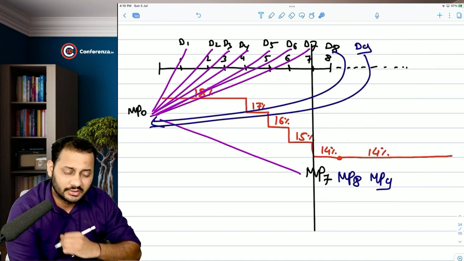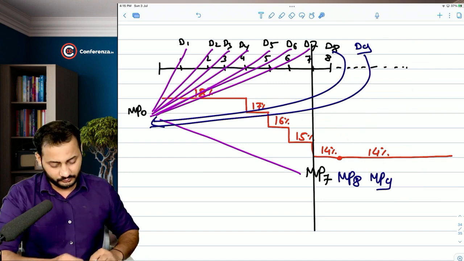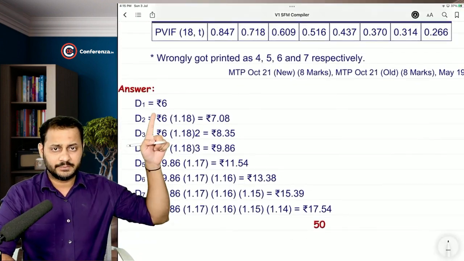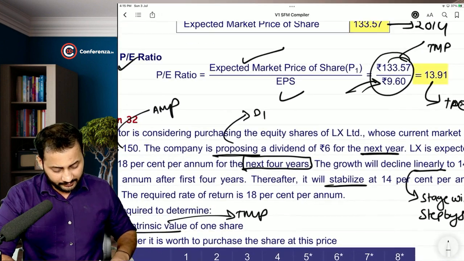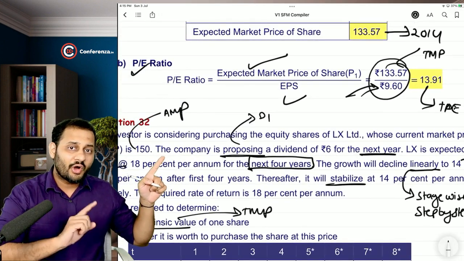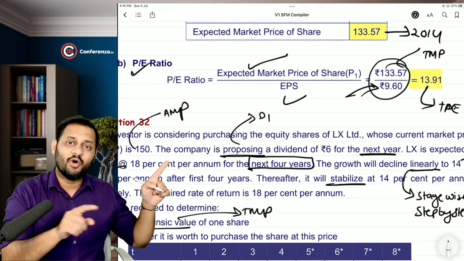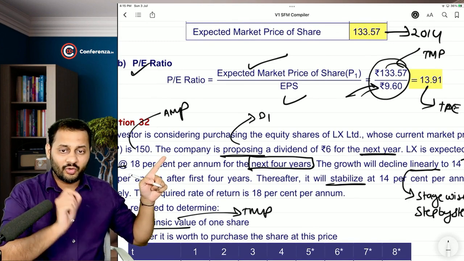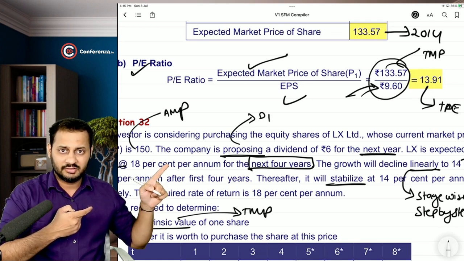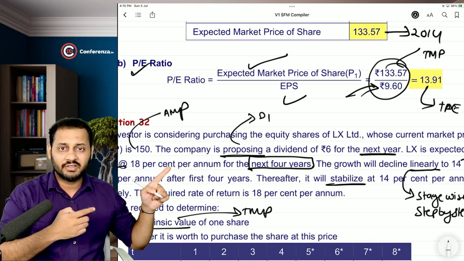Okay, let's calculate. 6 rupees. We started with 6 rupees. And please understand, the first dividend that is given to you is not D0, it is D1 already. If you go wrong at the very first step, all the further answers for D2, 3, 4, 5, 6, 7 will be wrong.